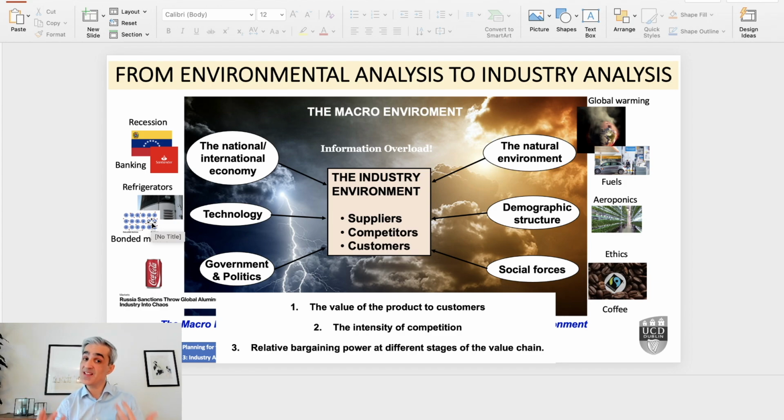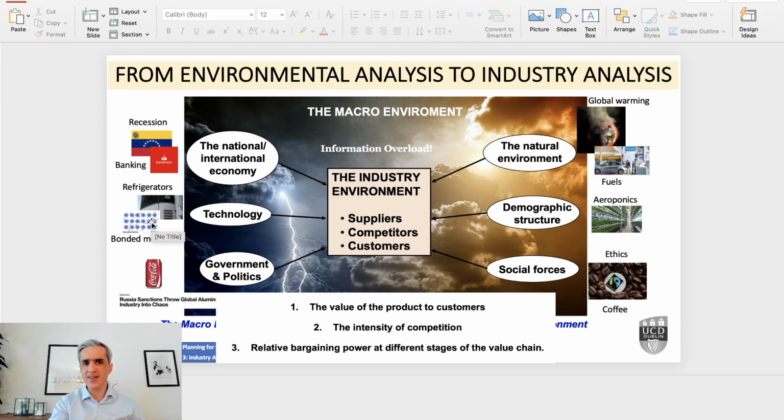So from these 3 points, we get the 3 main players we want to understand. Strategy is about understanding these 3 players and understand one thing. You want to understand how much value each of them is going to extract from your product. In other words, you want to understand how much money they are going to be taking from you. Your suppliers, how much money are they going to be taking from you?